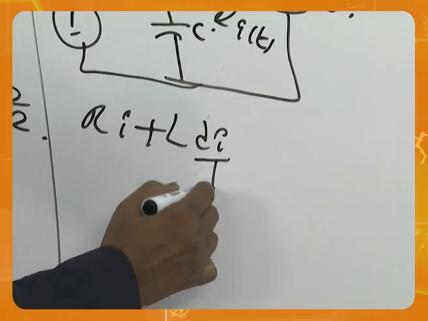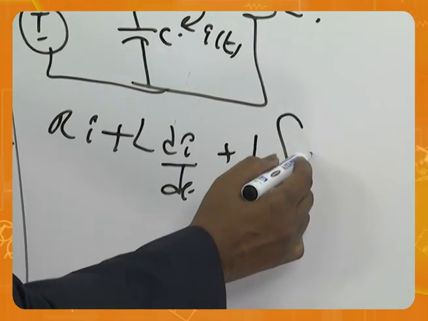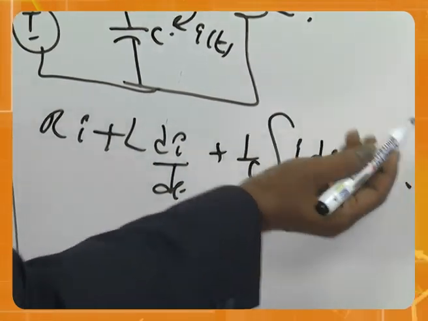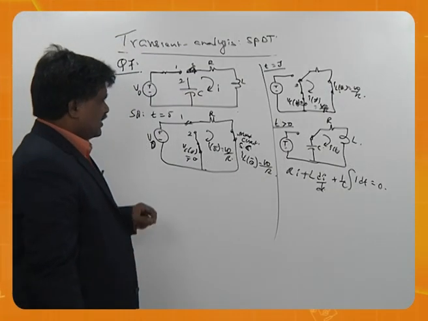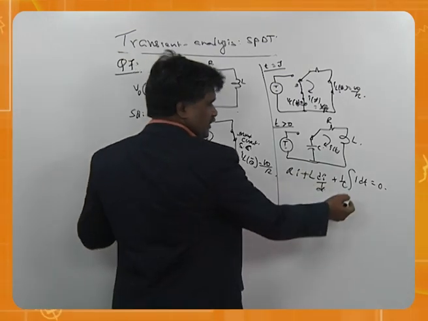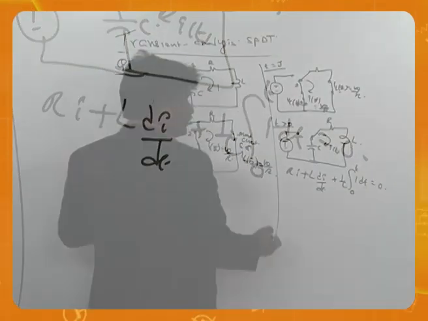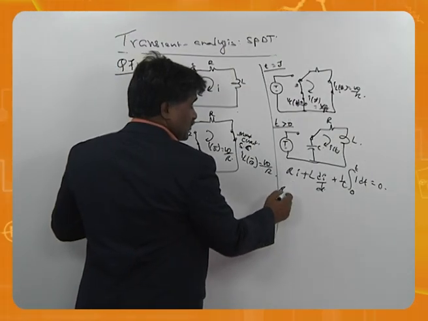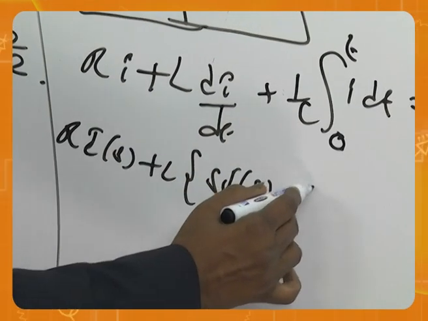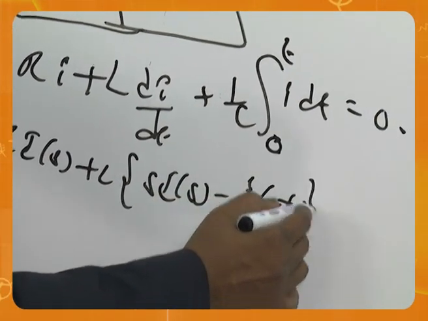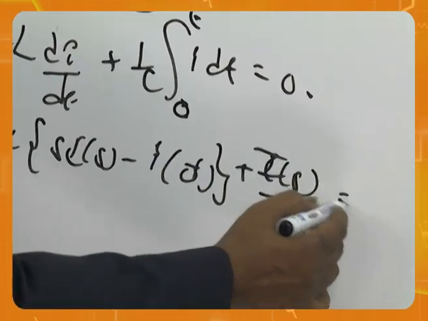R i plus L di by dt plus 1 over C integral of i dt is equal to 0. Then you may ask me, what is happening to the inductor current? Don't worry. Is there a voltage across capacitor? No. No means starting from 0. Then when you take Laplace transform, that will come: R I of s plus L times s I of s minus I of 0 plus I of s by Cs is equal to 0.